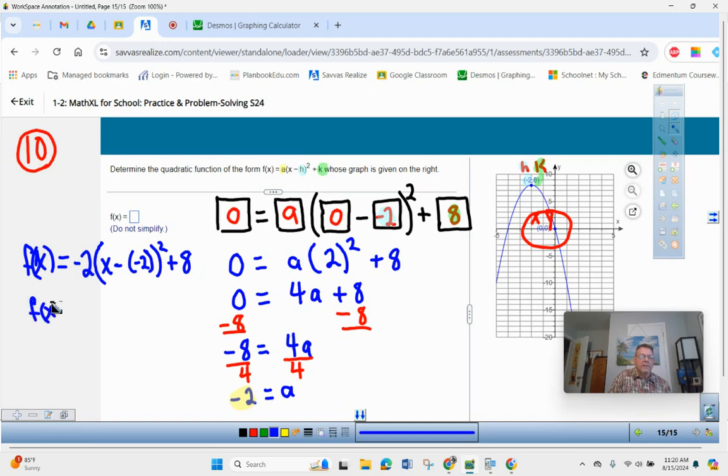F of x, negative 2. And when it says do not simplify, I don't think it means this part. It means don't try to distribute the 2 out and all that good stuff. Plus 2 squared plus 8. Let me jot that down real quick. 2x plus 2 squared plus 8.